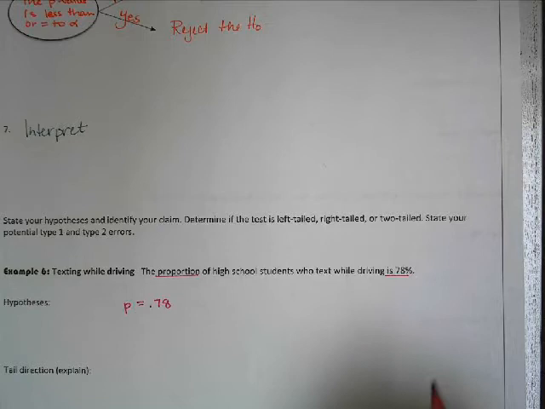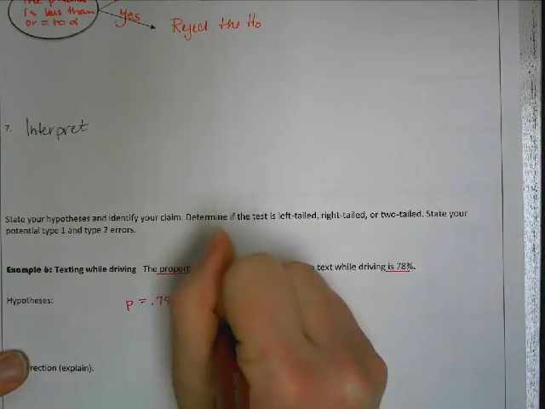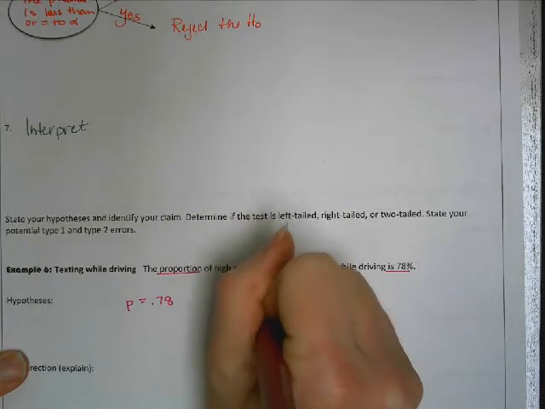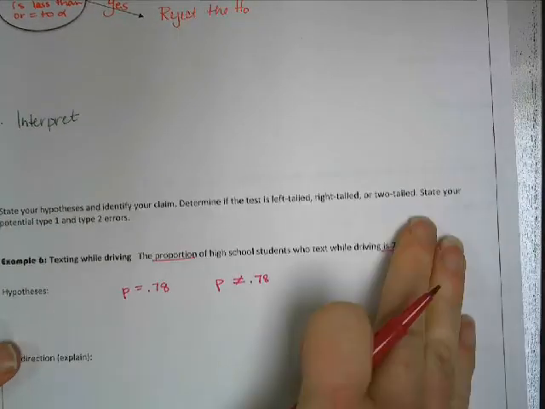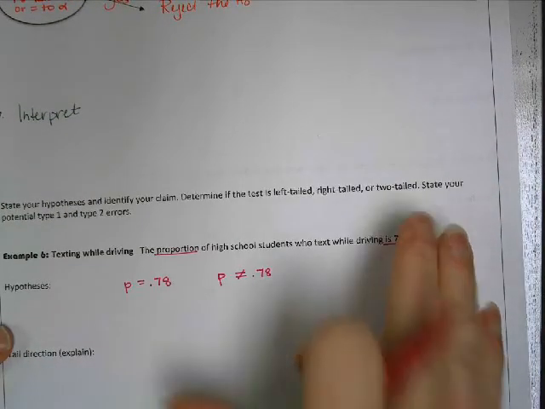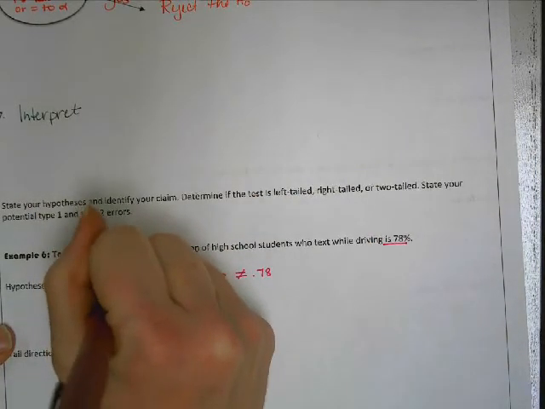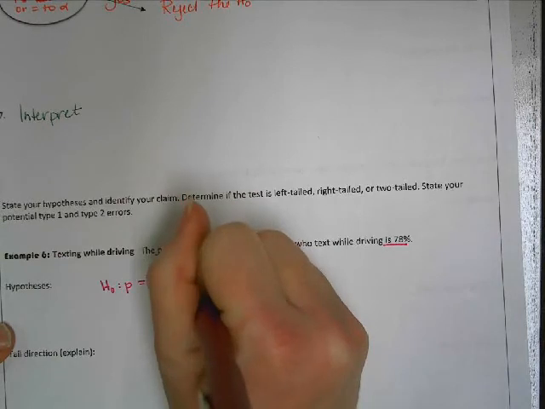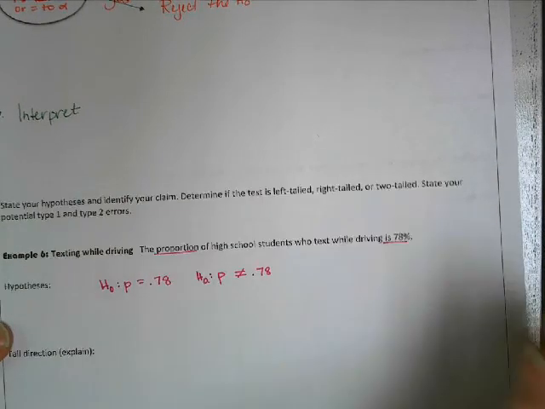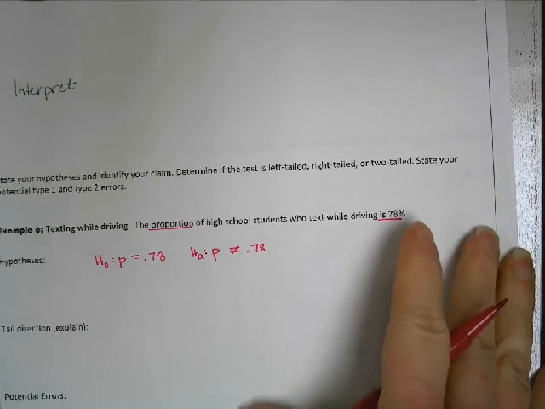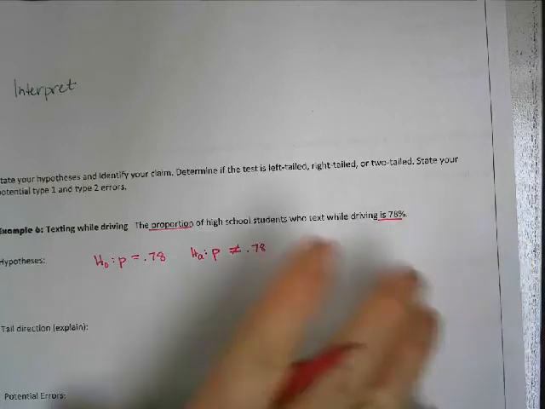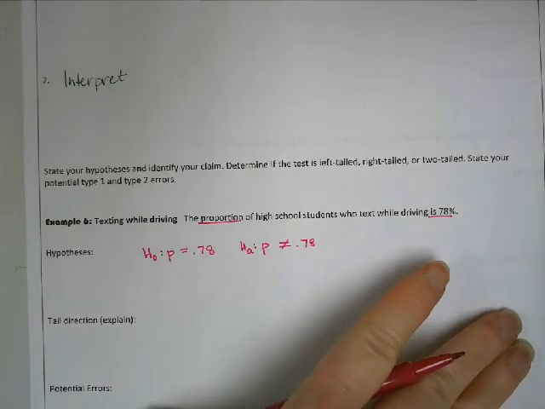Which means what is my complement to that? P does not equal 0.78. And because the null hypothesis is always the statement of equality, this is my null and this is my alternative hypothesis. Which means this time the claim is the null, or it is the status quo.